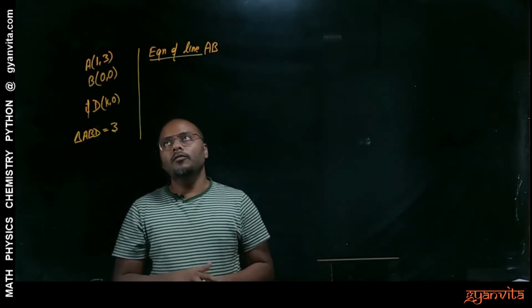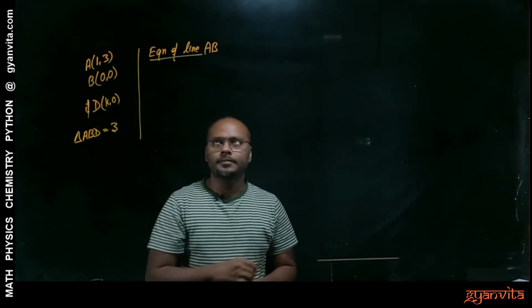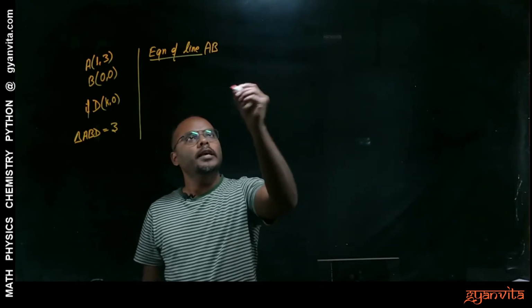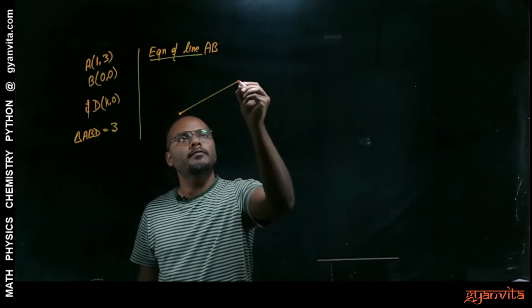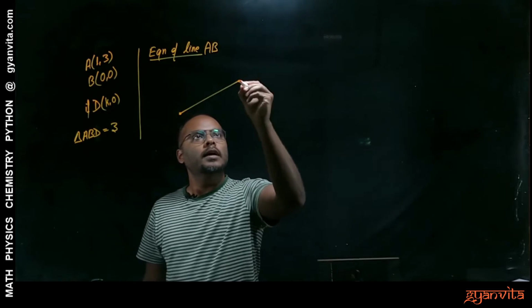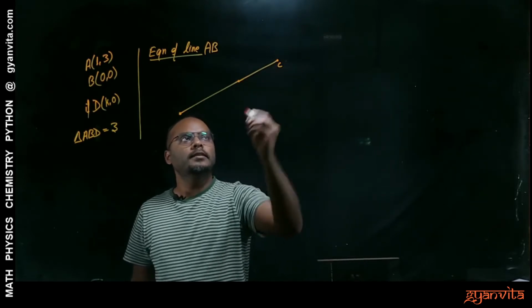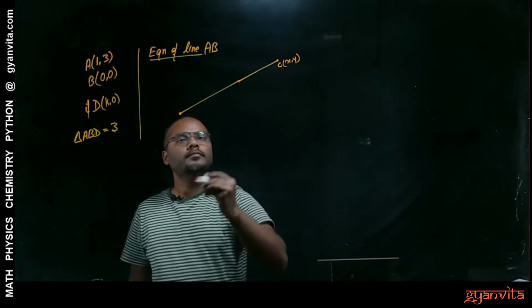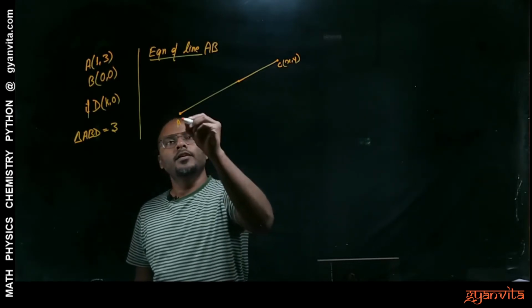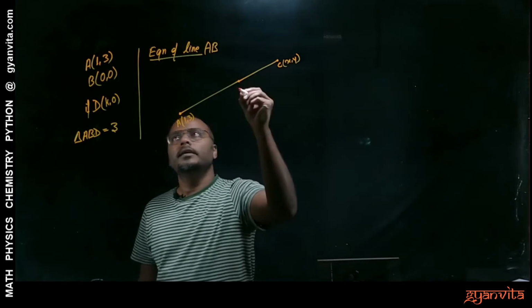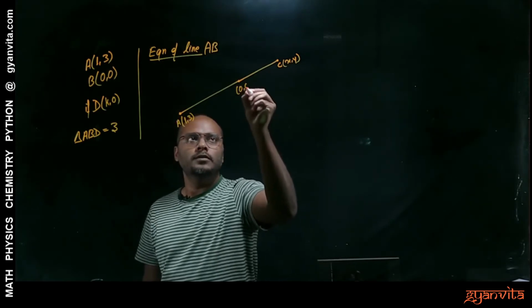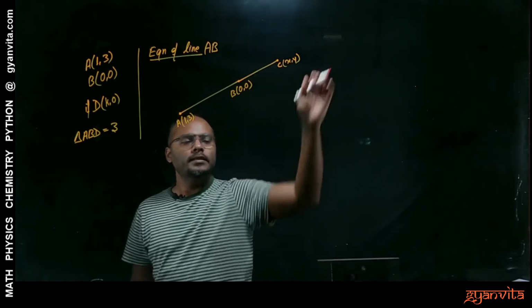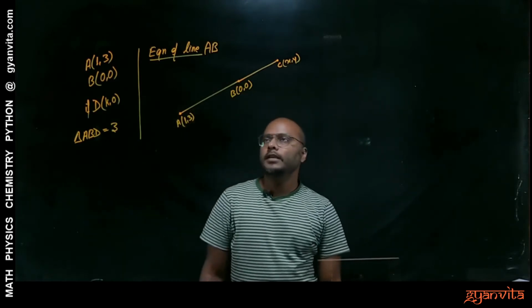If AB is a line, let us say on AB you also have another point, say C, and let's say C is x comma y. This is A, which is 1 comma 3, this is B, which is 0 comma 0, and there is another point C, which is x comma y.